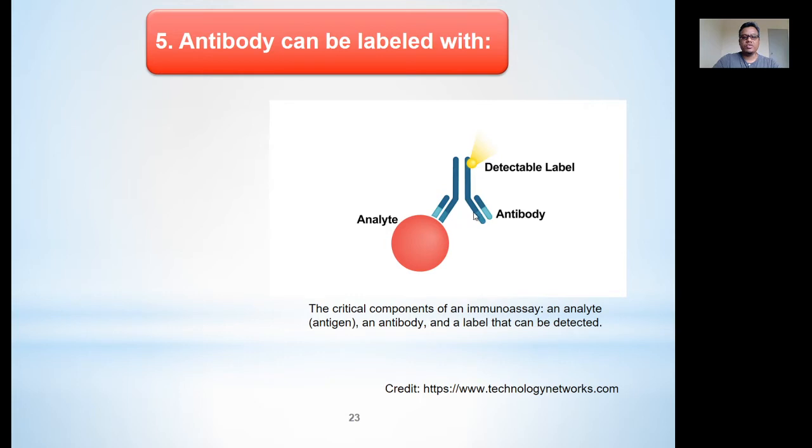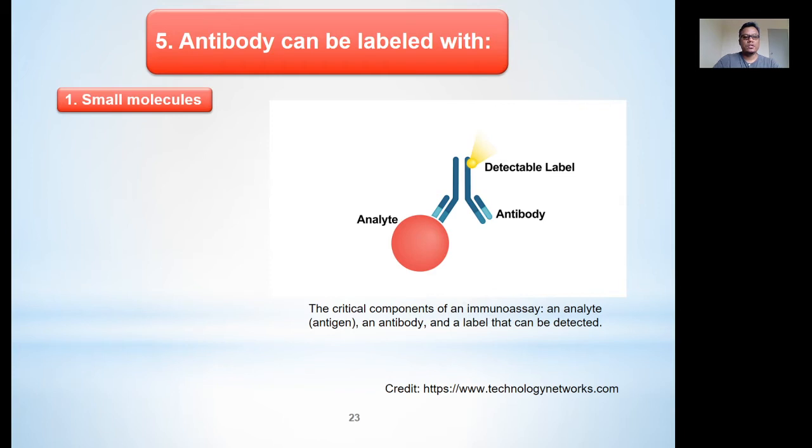Then a specific antibody, specific for that analyte that we are testing, and also a detectable label. This is the most important part in an immunoassay. This is the thing that will give color to the reaction. We give light in the form of radiation, so there are many types of signals that can be used to measure later.